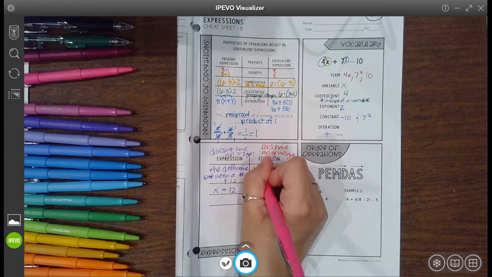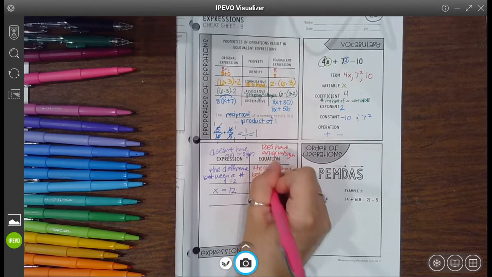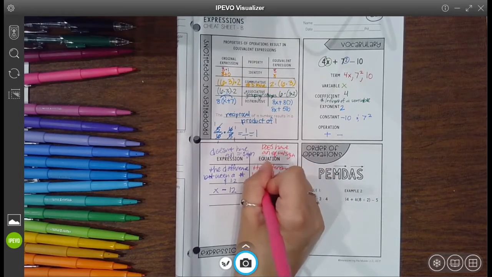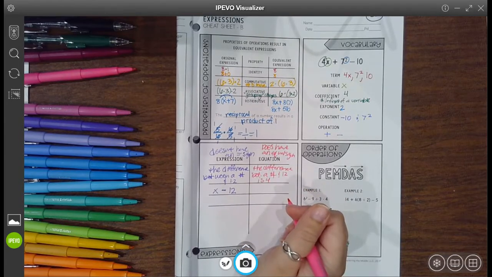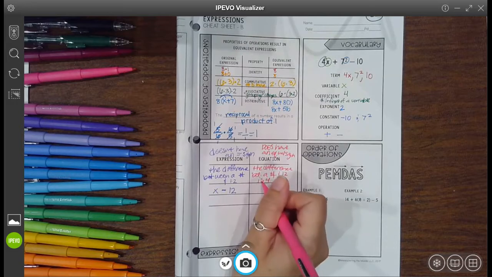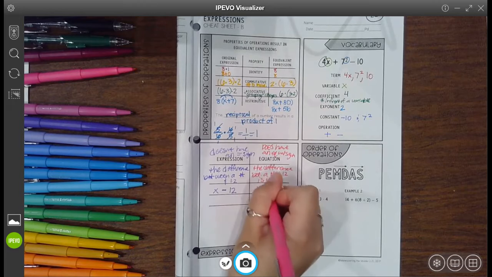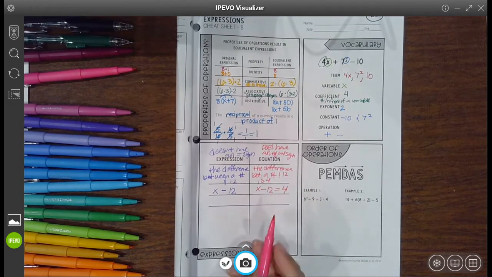So we would say the difference between a number and 12, the only difference would be, now we'd say is, let's say 4. Okay, so that means there's an equal sign. So it's almost the same. Difference means minus, a number, and 12. But the is means equals. And what does it equal? 4. So that's the only thing that changed it from an expression into an equation, is that we had an equal sign. Is in the math world means equals.